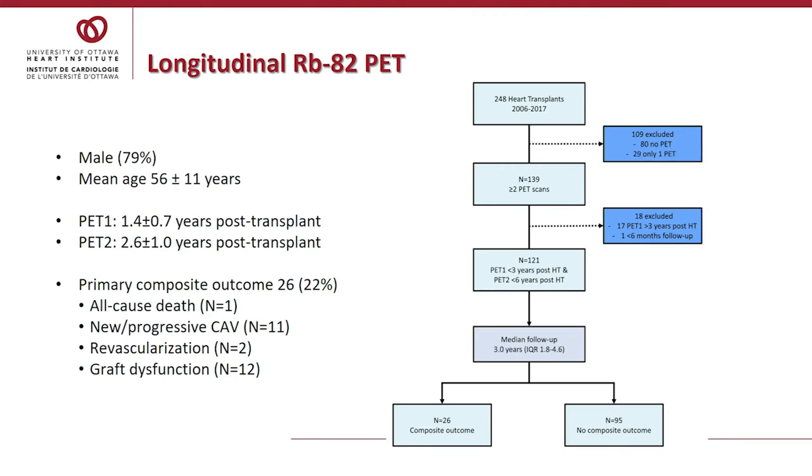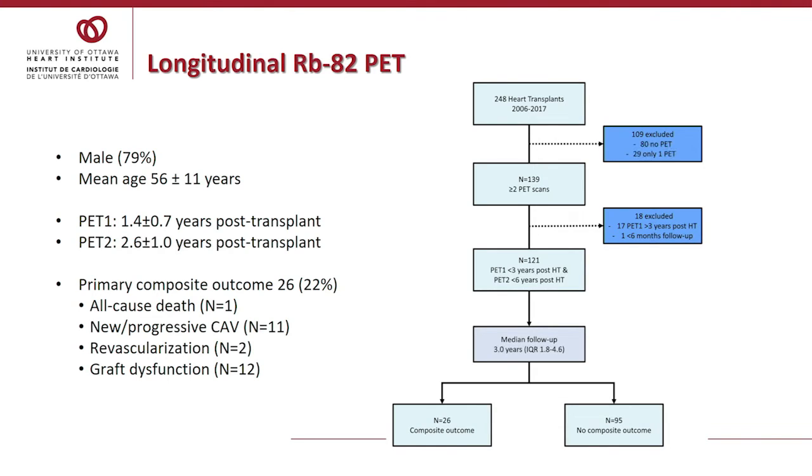We've also looked at PET in terms of informing on prognosis post-transplant. In this retrospective analysis, there were 121 patients who had 2 consecutive PETs performed within 6 years of transplant.